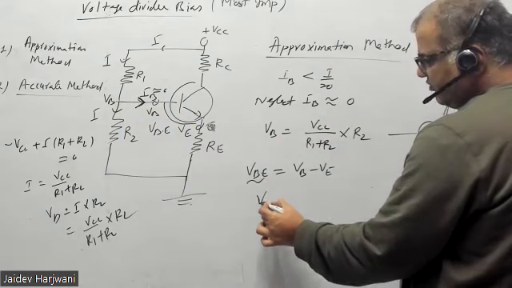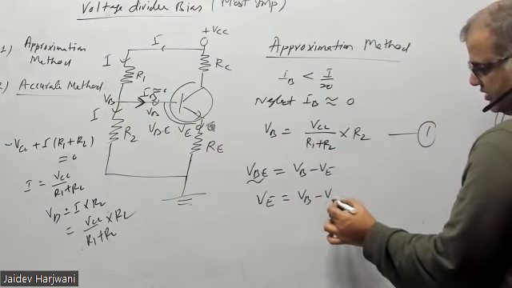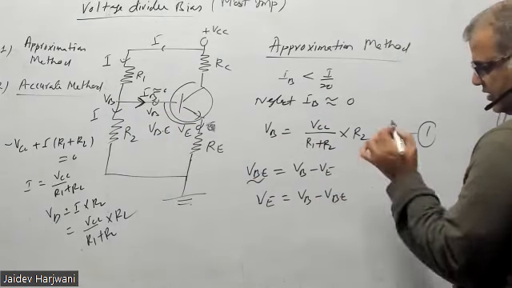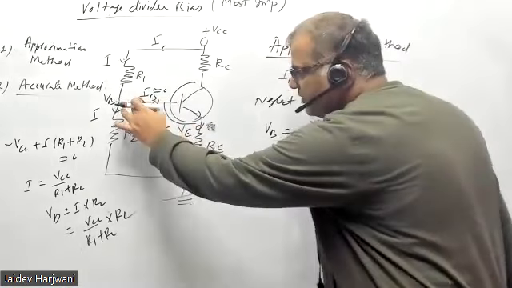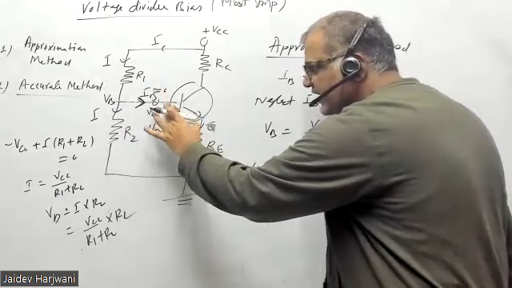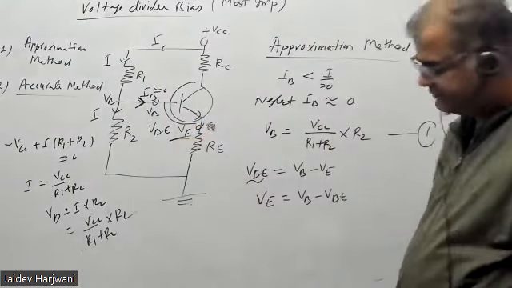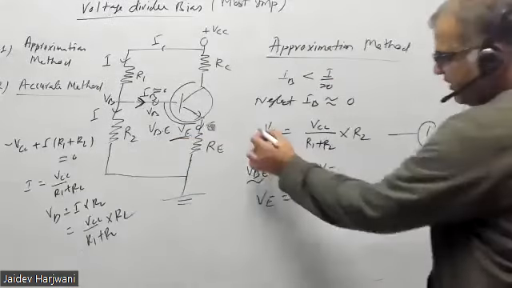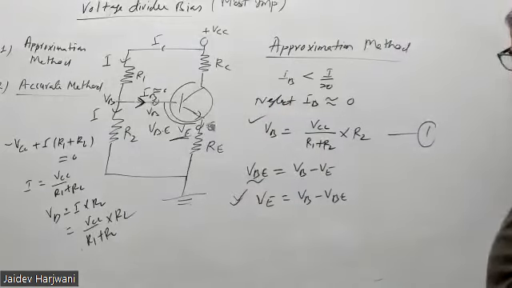So VE becomes VB minus VBE, the built-in potential, because this base voltage provides the forward bias here. So this will be consumed here, and this is VE. If you can find VB, automatically you can find VE.